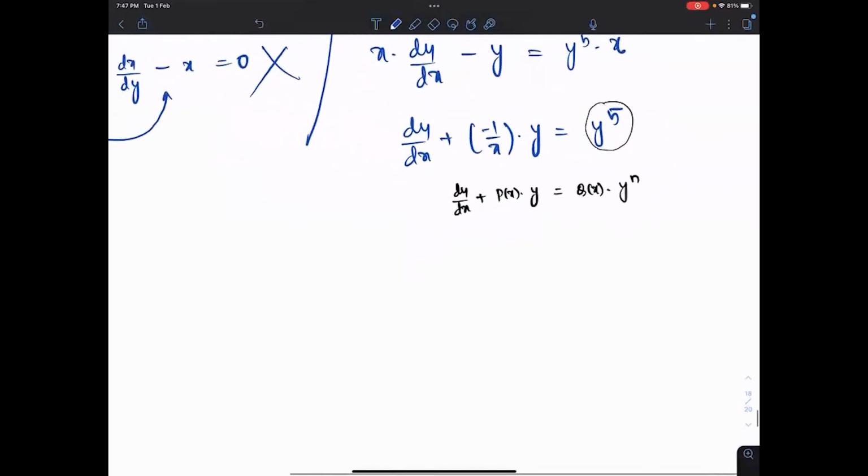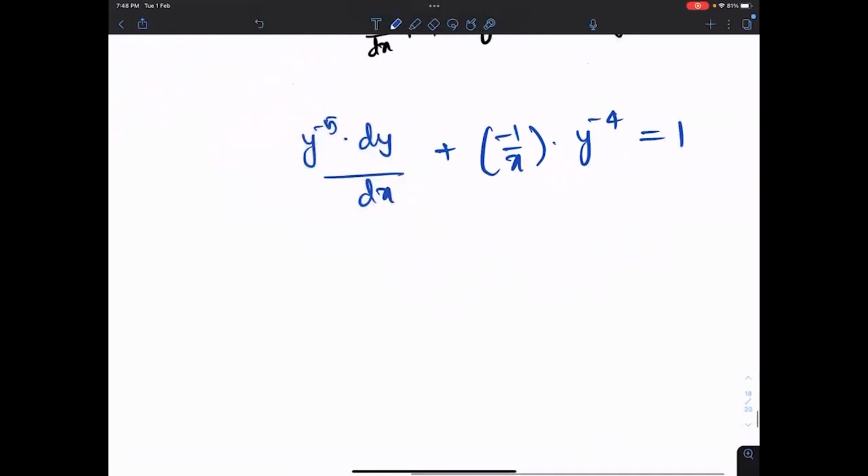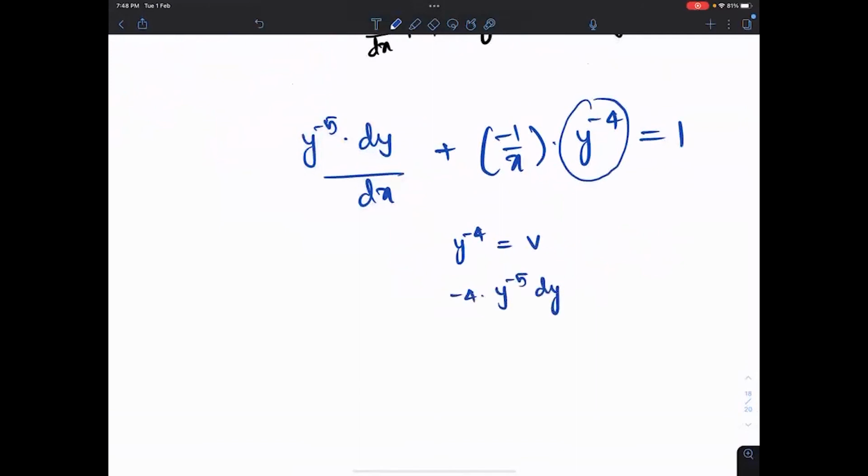Then you will get y power minus 5 into dy by dx plus minus 1 by x into y power minus 4 equals to 1. Now simply take y power minus 4 as v. Then minus 4 times y power minus 5 dy will be dv.